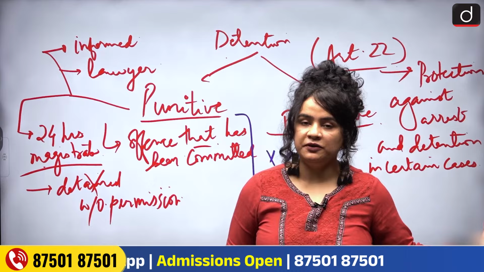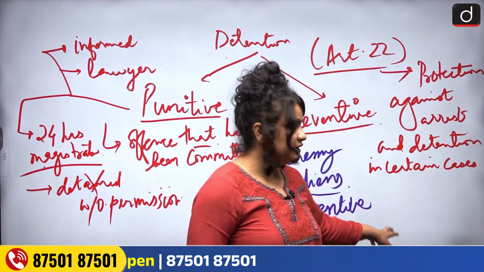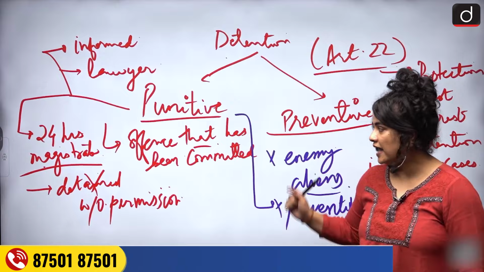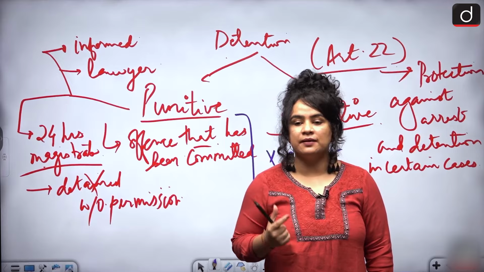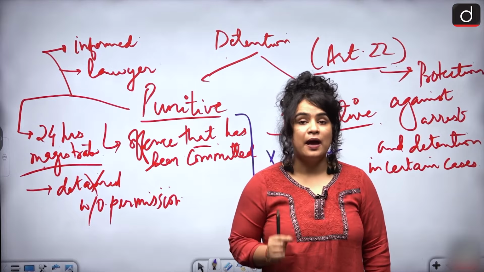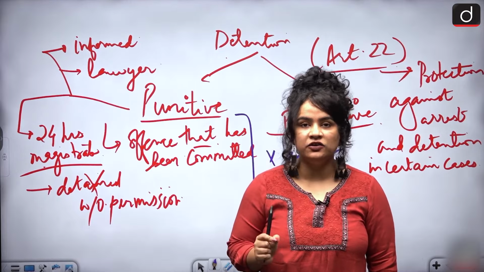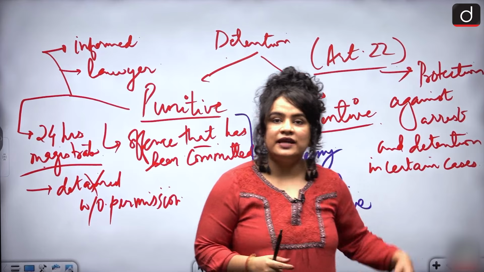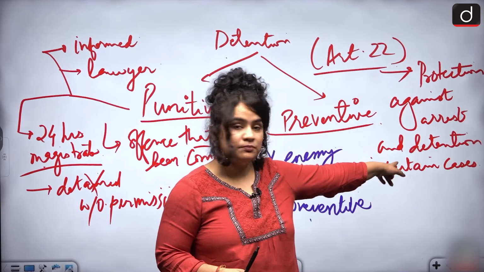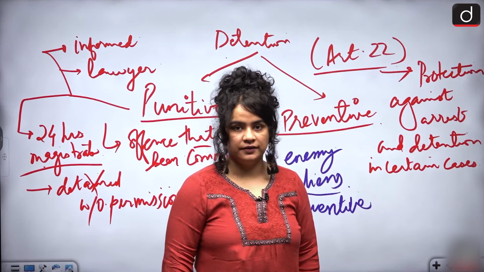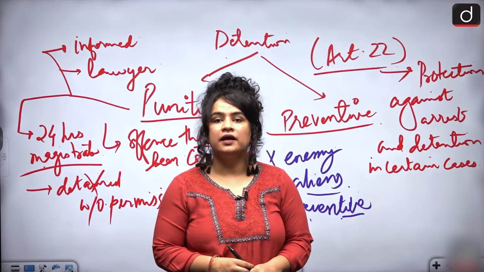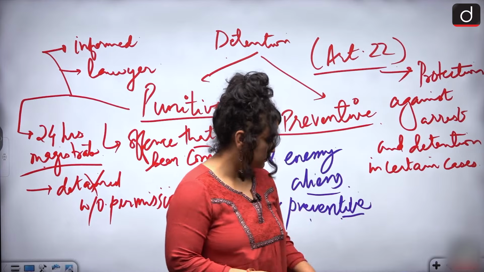What is meant by preventive detention? Preventive detention simply means that you arrest a person not because that person has committed a crime or an offense, but because you speculate that there is a likelihood that that person may commit a crime or an offense. All right. So this is what we mean by preventive detention.